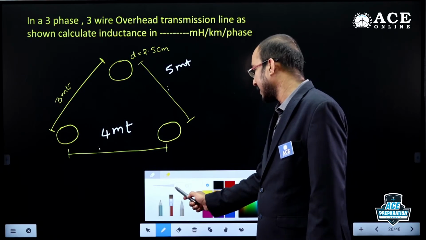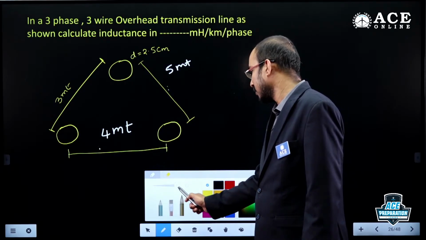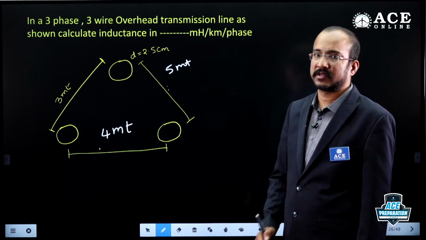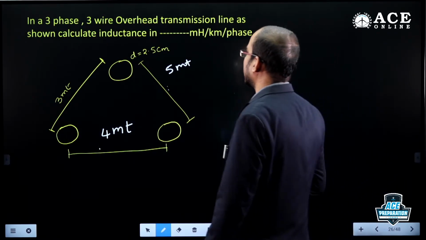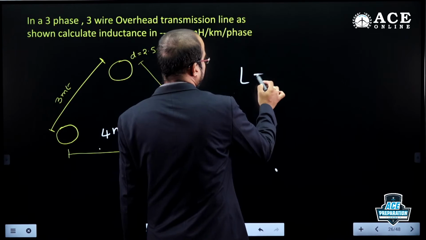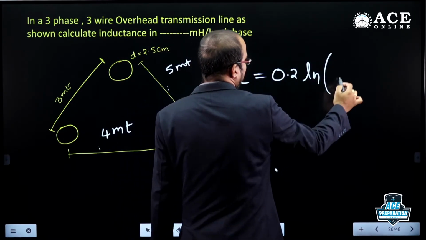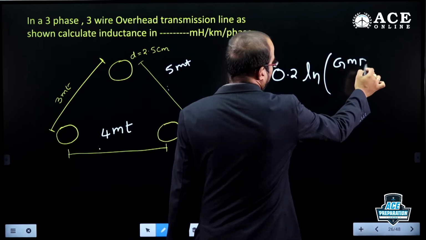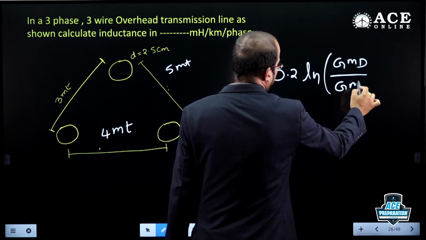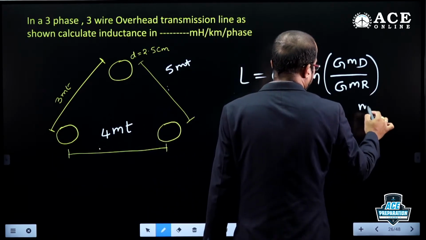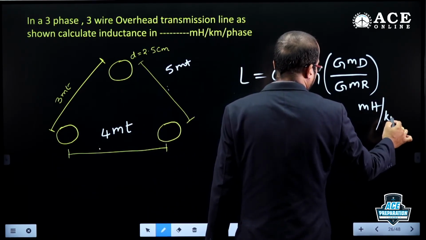So how do you calculate the inductance per phase value? What is the relation for inductance per phase? Inductance L is equal to 0.2 into ln of GMD by GMR, in millihenry per kilometer per phase.